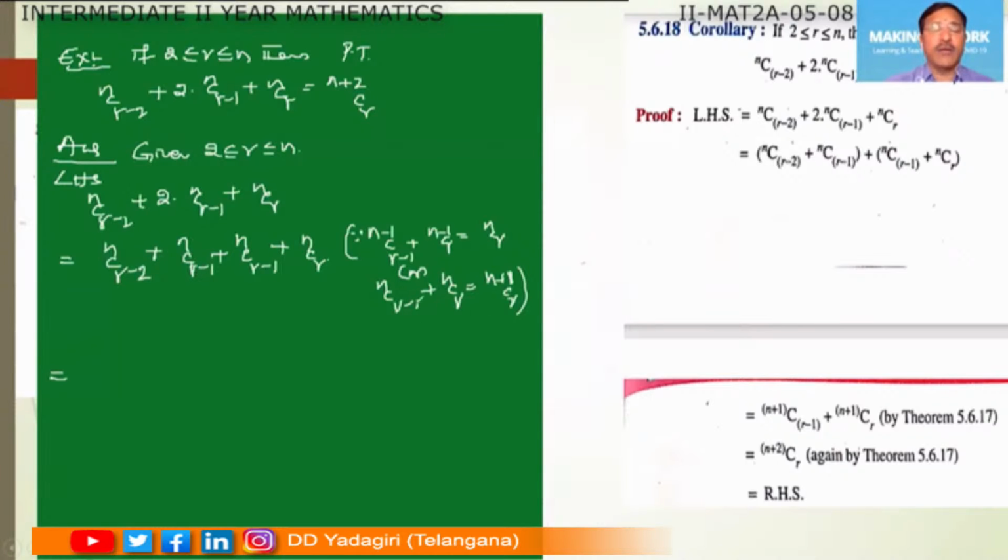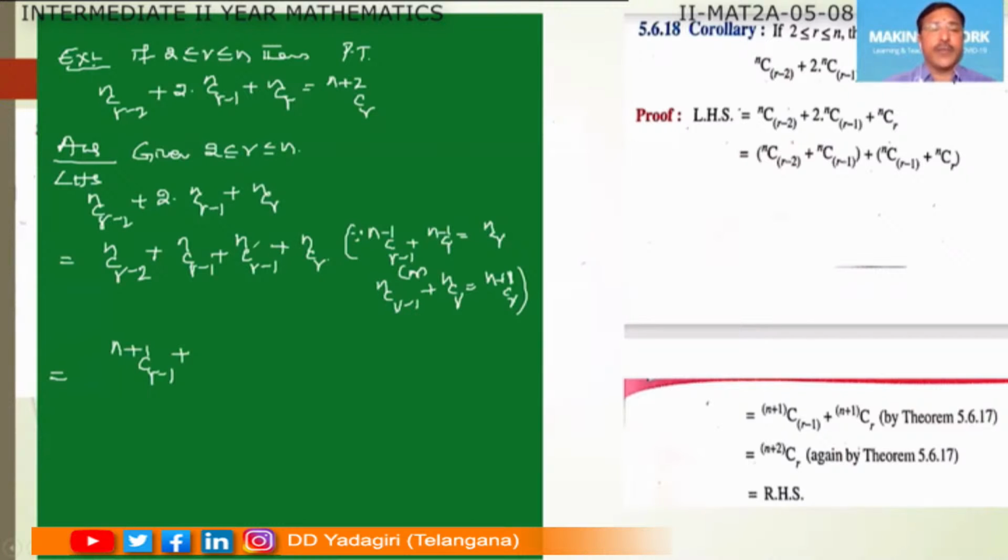In this formula, r becomes r minus 1, so nCr minus 1 plus nCr minus 1 minus 1, that is r minus 2.